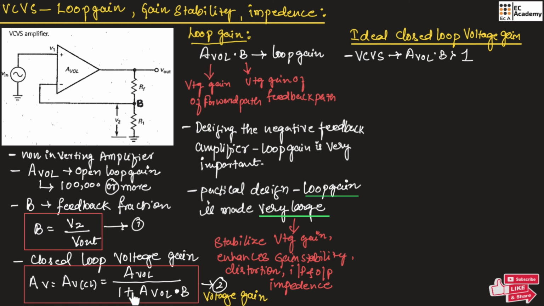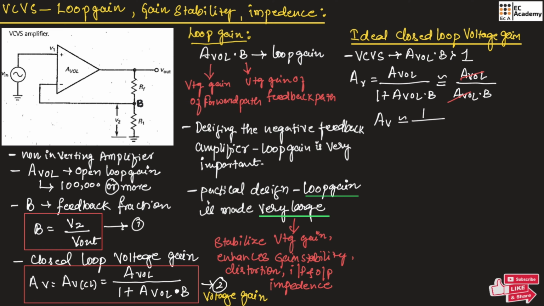If we consider equation number 2, we can write AV is equal to AVOL divided by 1 plus AVOL into B. We can approximate this equation and write AVOL divided by AVOL into B. If we cancel out these two terms, we can write AV is approximately equal to 1 divided by B. We will get this condition when AVOL is very much greater than 1.